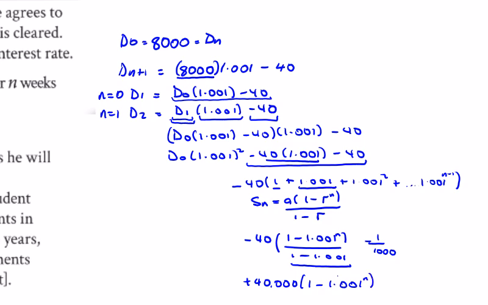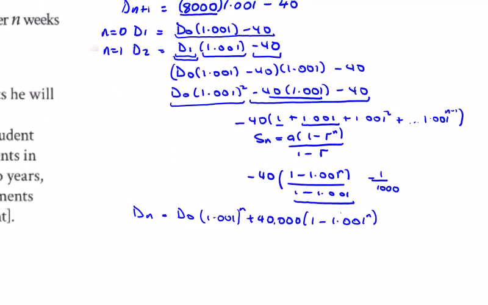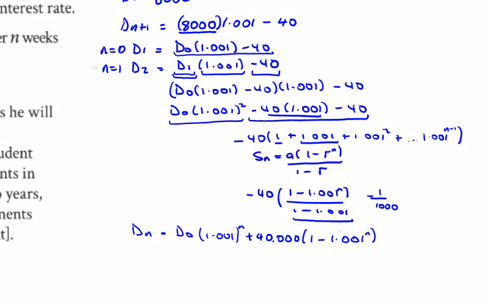And we also have d0 to be squared in position 2, so dn for this sequence is going to be equal to d0 times 1.001 to the power of n. Multiplying this out, d0 is 8,000 in this case.